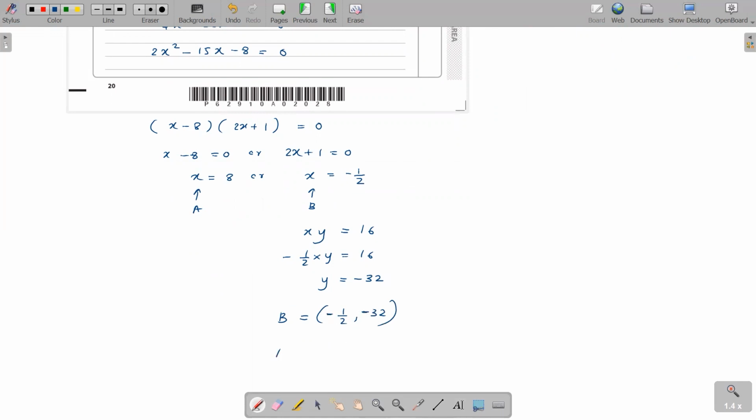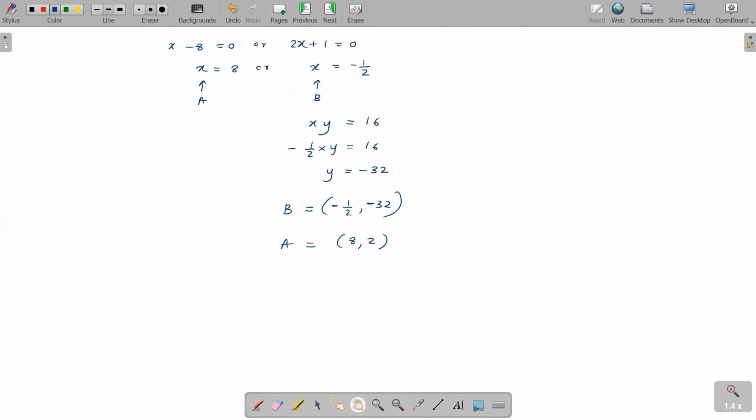Okay, so what was the A coordinate again? It was 8, 2. Now how do I get the length of AB? So how do you get the length between two coordinates? Square root of x1 minus x2 square plus y1 minus y2 square. That's how we do. So here x1, shall I go with A coordinates for x1, y1, B coordinates for x2, y2? So x1 minus x2 square.